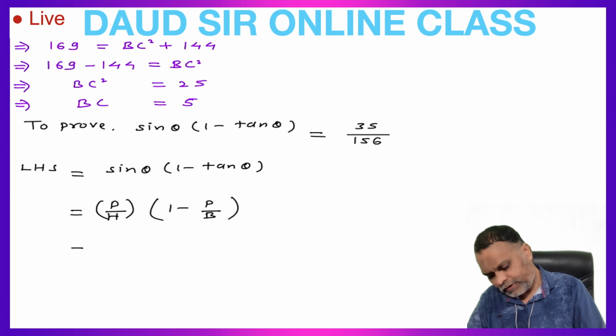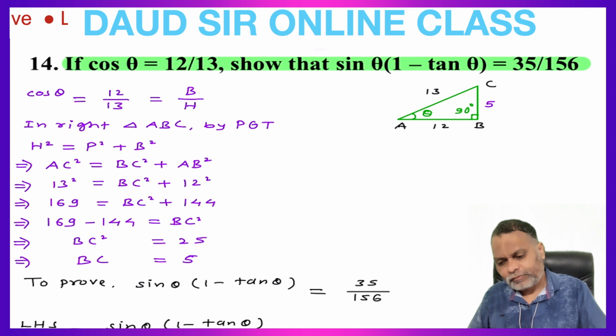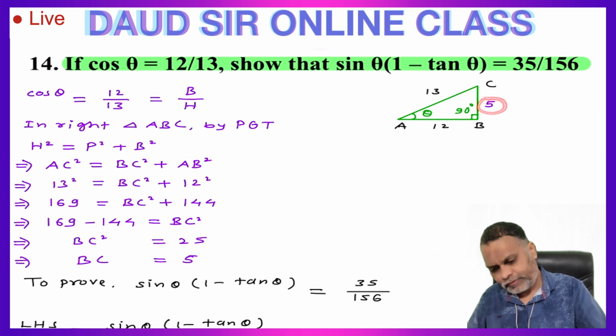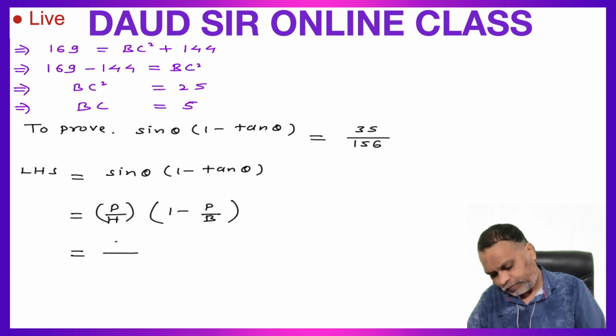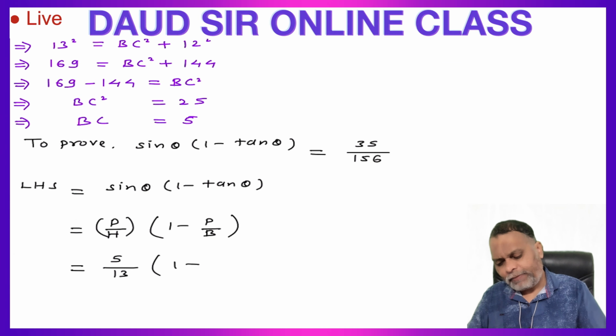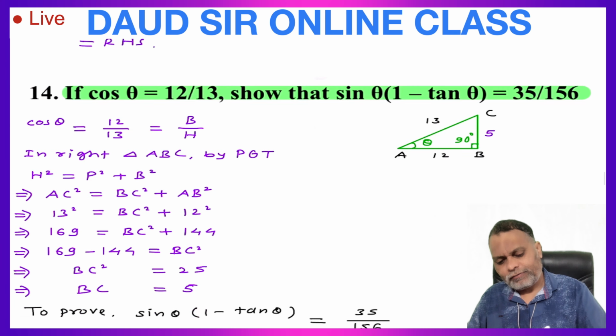Just substitute the values. Here perpendicular is 5 and hypotenuse is 13, so 5 upon 13 into 1 minus perpendicular upon base, perpendicular 5 and base 12, 5 upon 12.